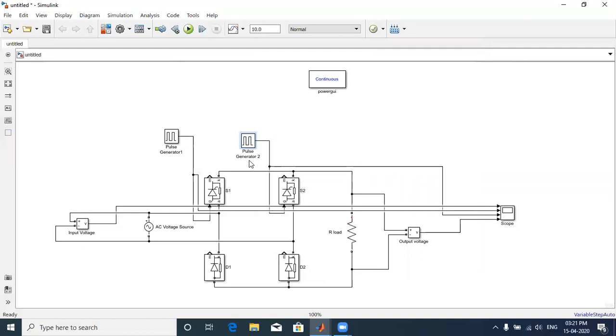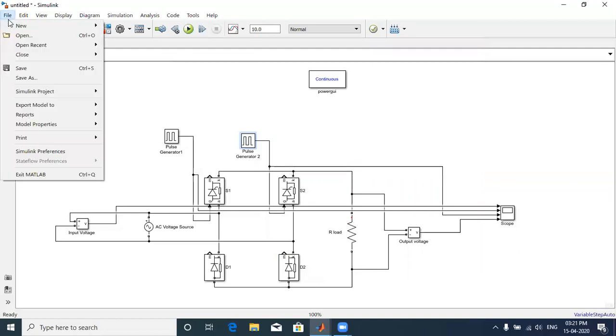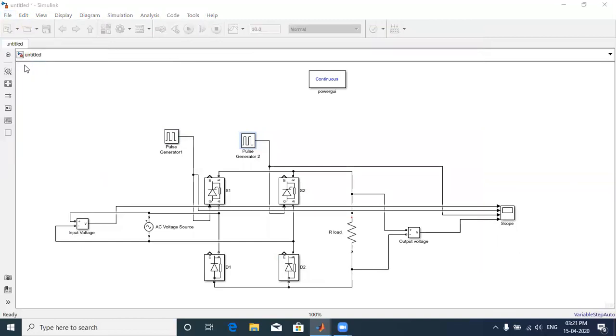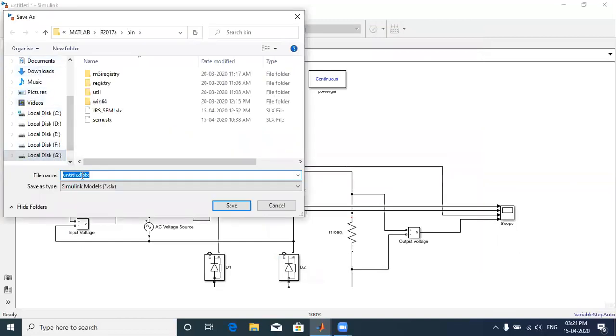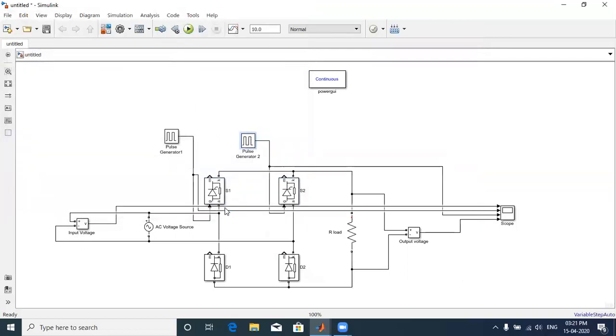So save this. And now you can simulate this. Run. So it is compiling.